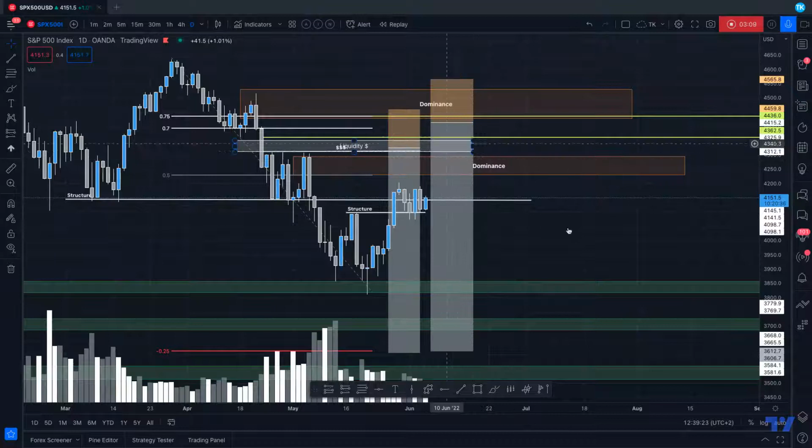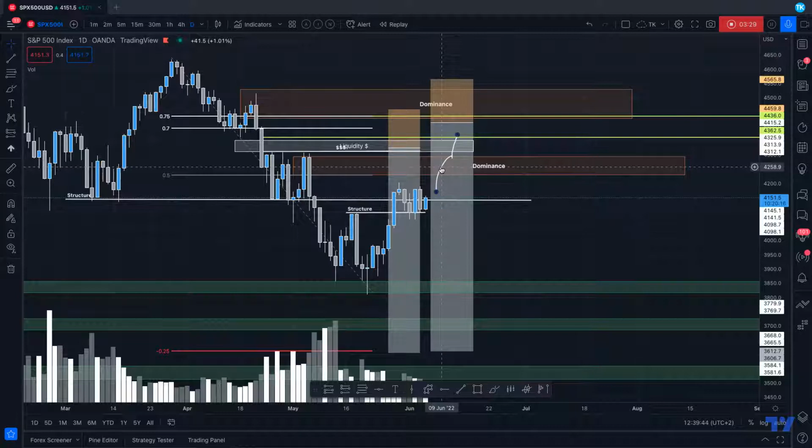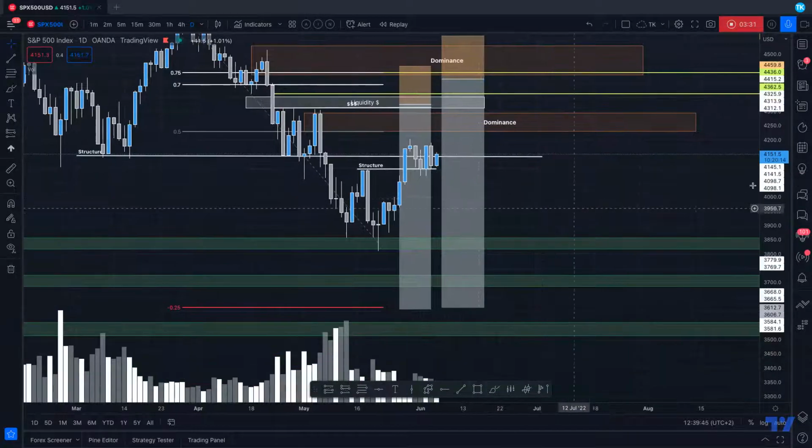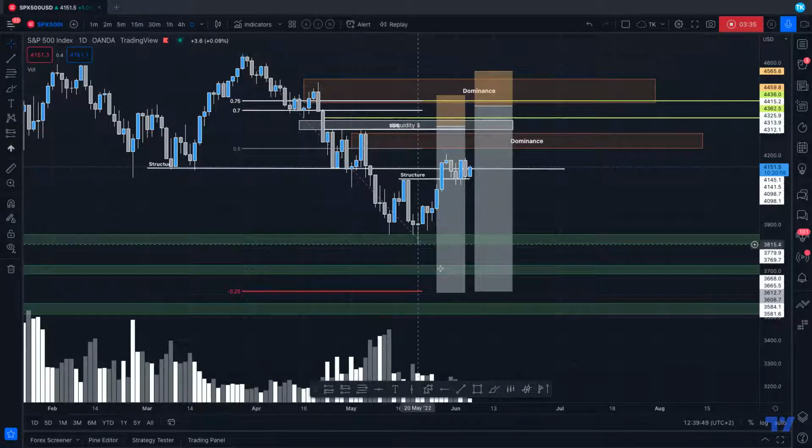So for a middle and long term trade, I just wait for the price to reach this dominance and break this structure and reach the 25 projection of the last range, which is this one.